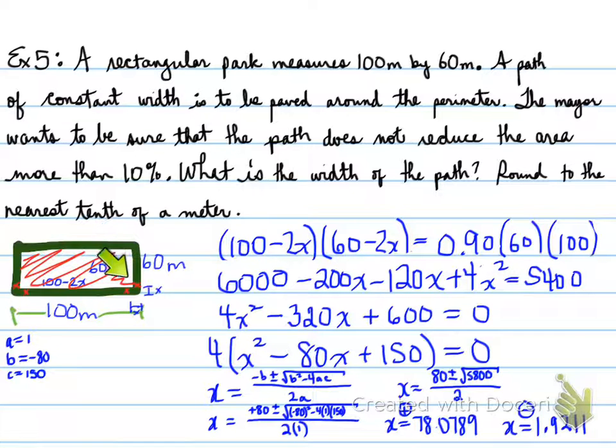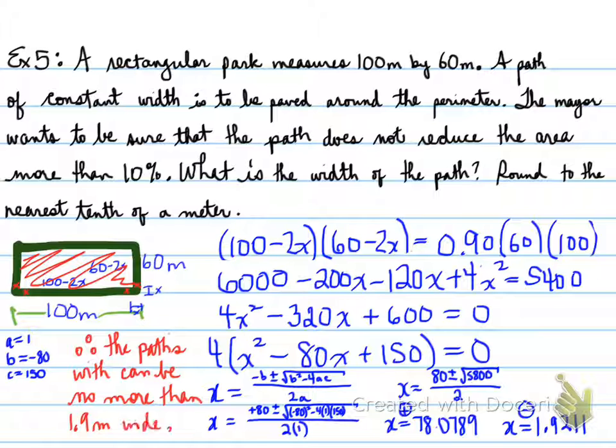There's no way you could have two 78-meter paths when you only have 60 meters to work with. So logically, this one is not even a valid answer. The valid answer is this one. So you will say, therefore, the path's width can be no more than 1.9 meters wide. And the reason why we rounded it is because it says round to the nearest tenth.